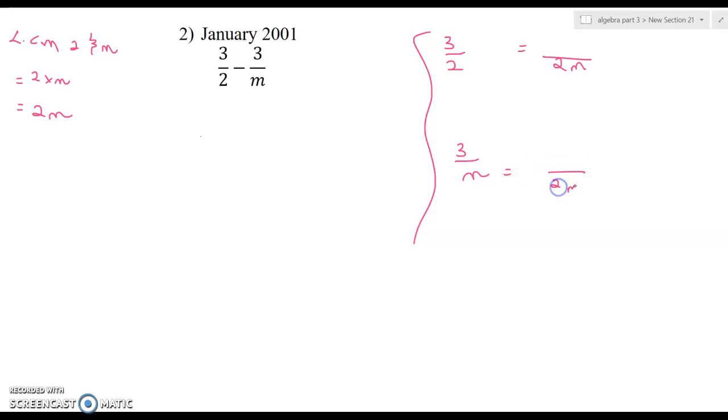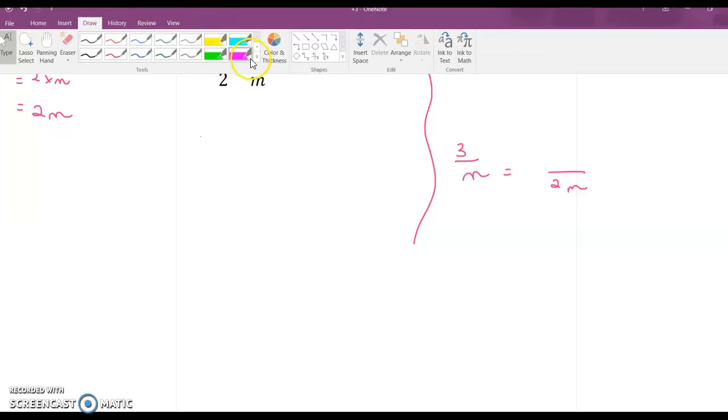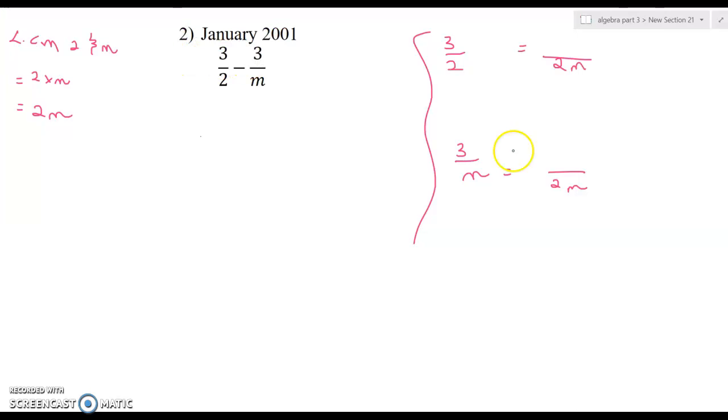All over 2m. Again, I'm going to change the color just so it's a little bit easier for you all to see. So 2 times what gives me 2m? 2 times m will give me that 2m. So I'm going to multiply the top by m as well. So 3 times m is 3m. Good, so I could write that in here. 3m over 2m. And then take away.